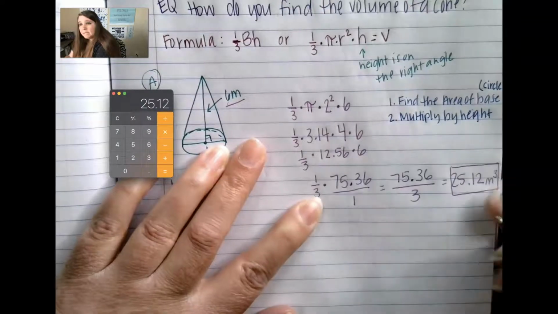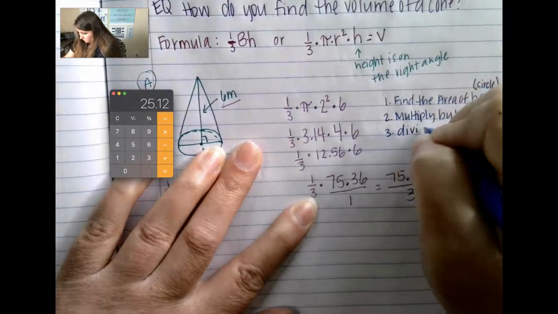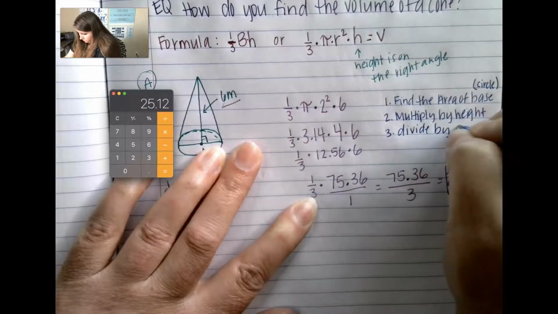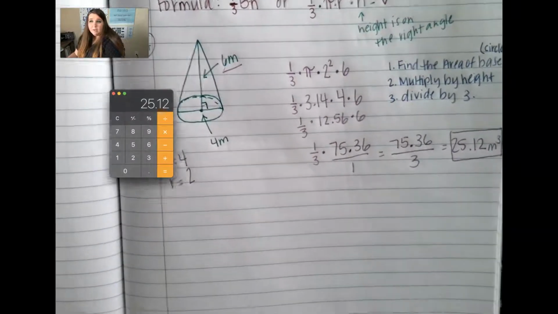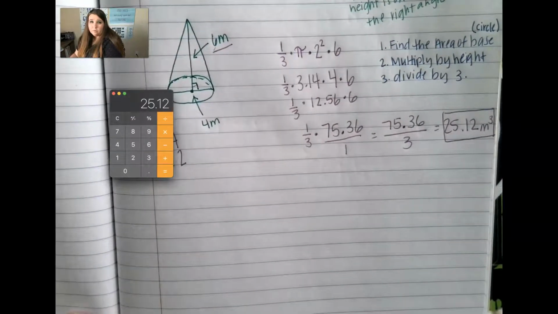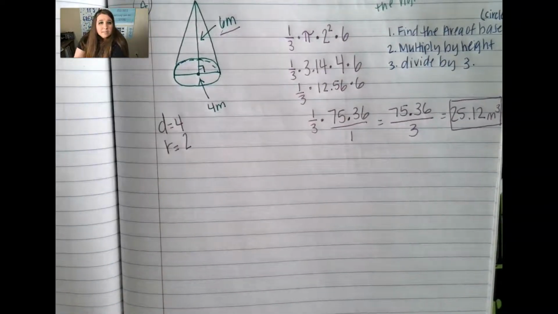And then last but not least, we're going to divide by 3. And that gives us the volume of the cone. All right, let's go ahead and do another example.